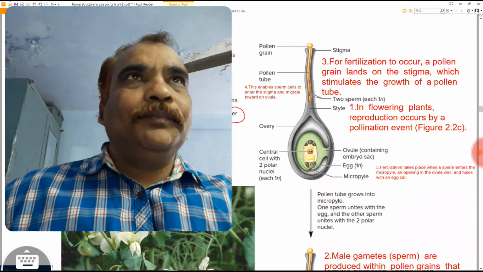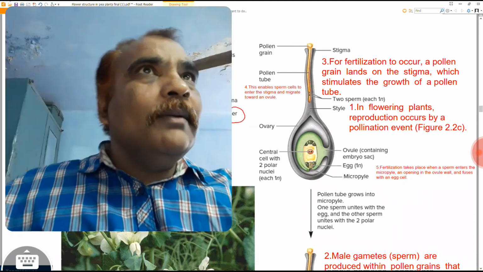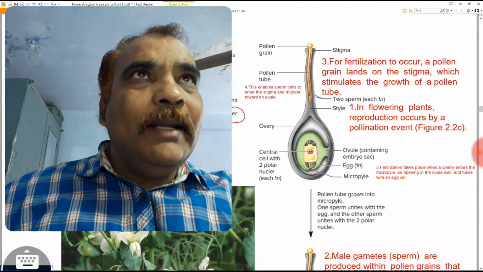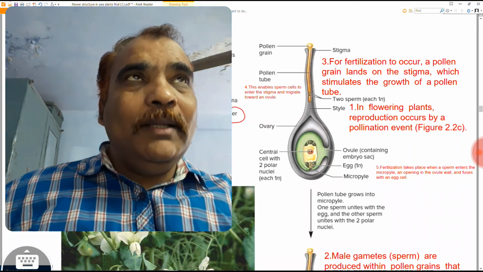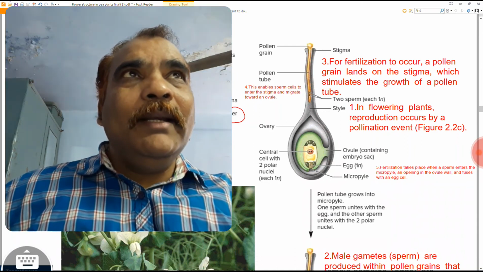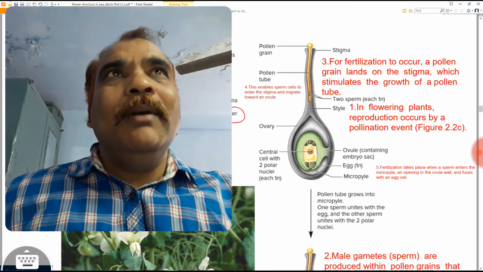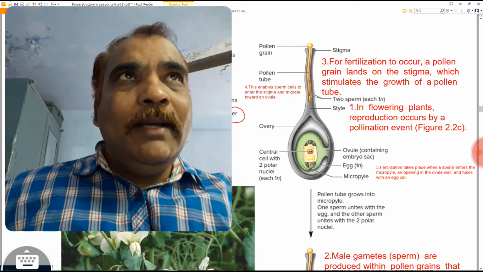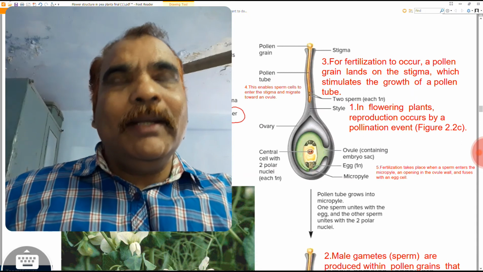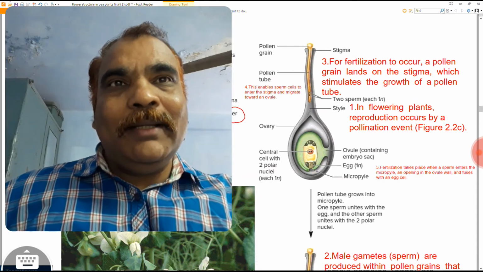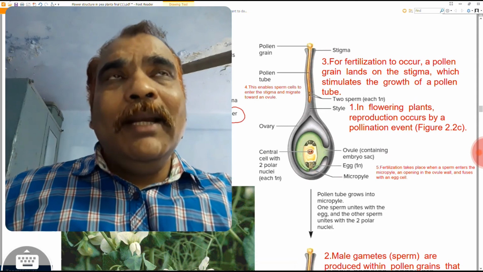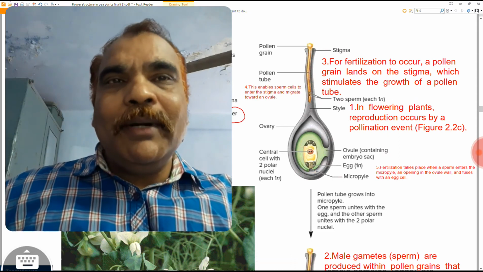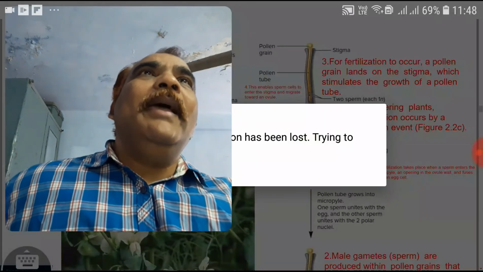Now the pollen grain is present on the stigma. Once the pollen grain is present on the stigma, what happens? The pollen grain receives moisture, it absorbs water, and it also gets nutritive substance.